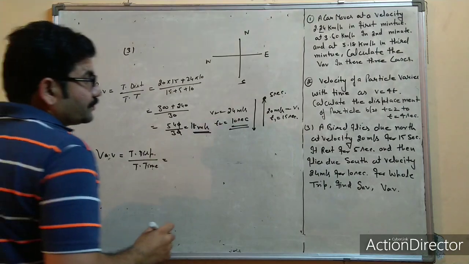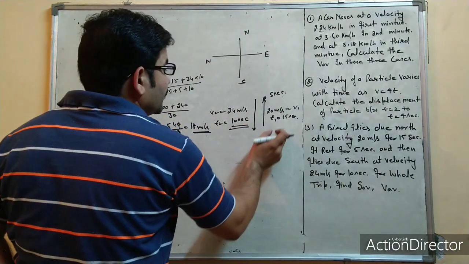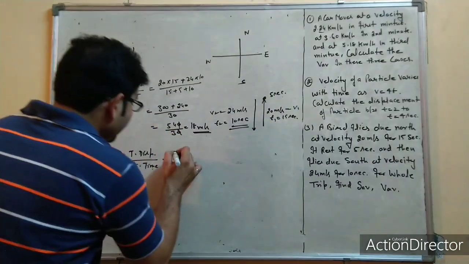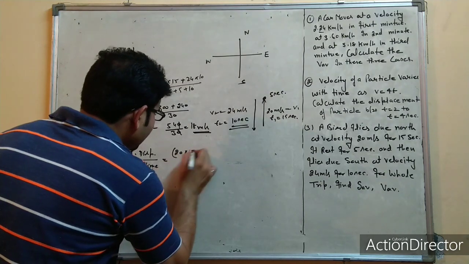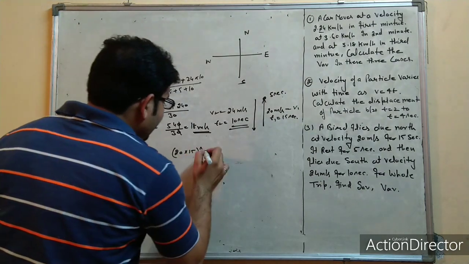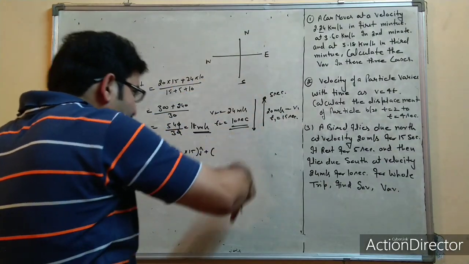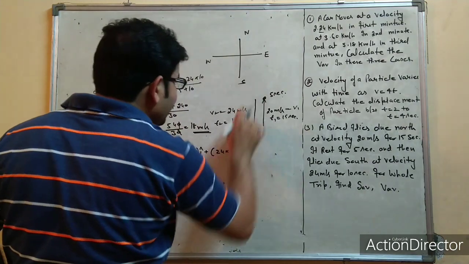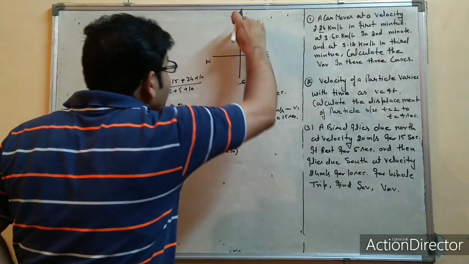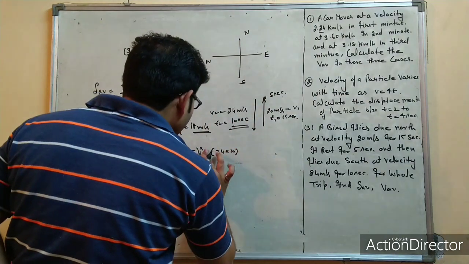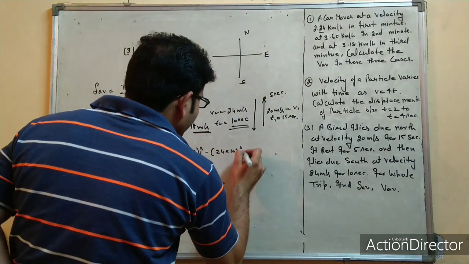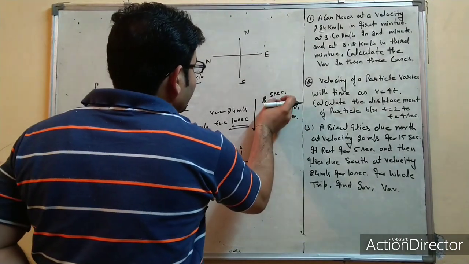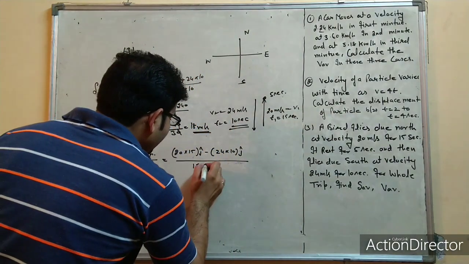Total displacement is 20 into 15 j cap, and again 24 into 10, but at that time j is in the negative direction, toward the lower y axis, so you have to put a minus here, and this is j cap, divided by total time. Total time as usual is 15, 5 plus 10.